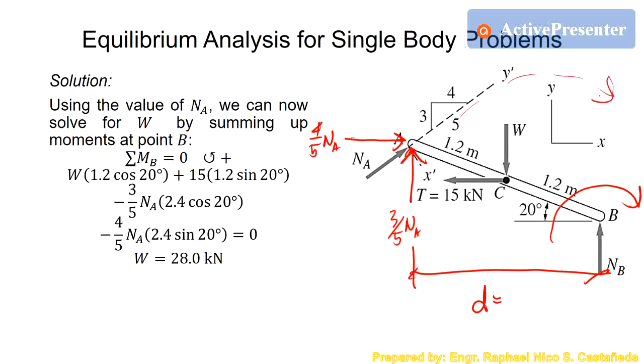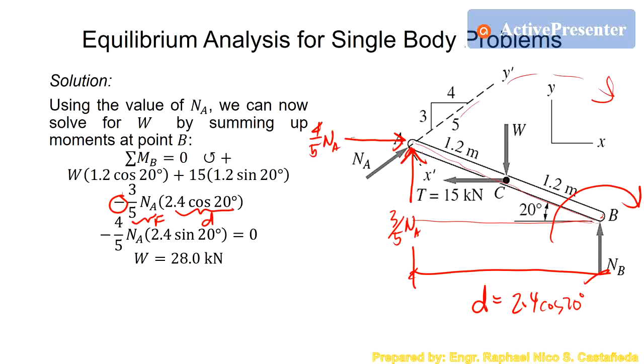This rotation at point B. So the distance here is this distance, 2.4, which is also equal to this distance, 2.4 cosine 20. So that is negative because it is clockwise. 3/5 NA, the force, and the distance is 2.4 cosine 20.